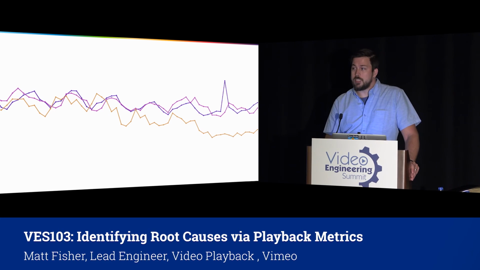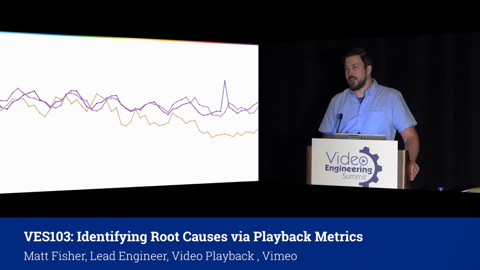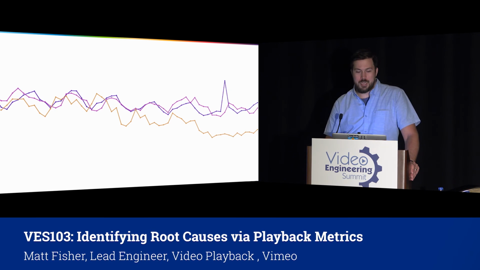But by creating some level of scoring around your playback sessions, you can compare and contrast different CDNs and different delivery types against each other. This is an example where we're looking at 3 different CDNs. In a perfect world, they would all be operating relatively the same. And you can see historically they were, and then one started to continually drop off.